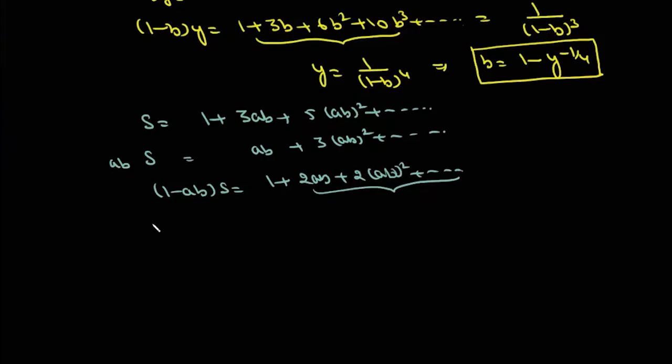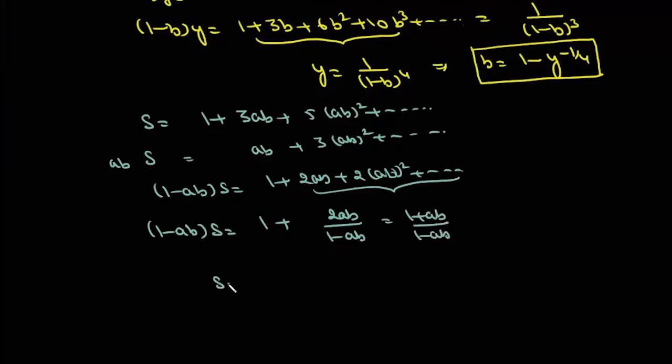So we can write this as 1 minus ab into s, and this is 1 plus 2ab upon 1 minus ab, which is 1 plus ab upon 1 minus ab.